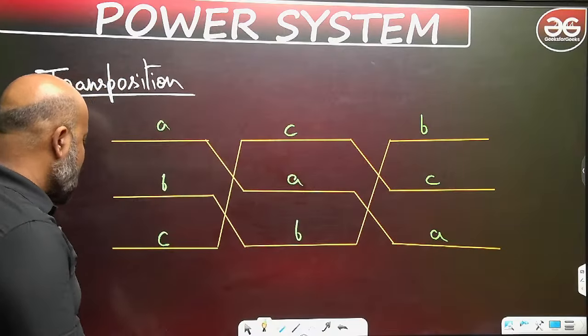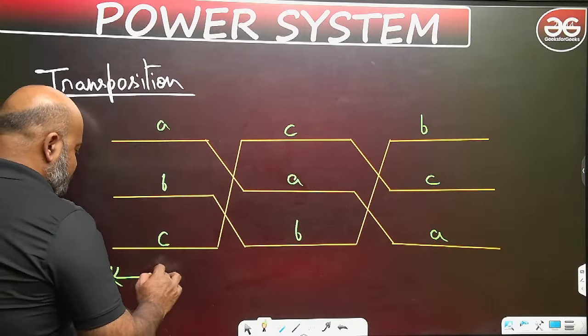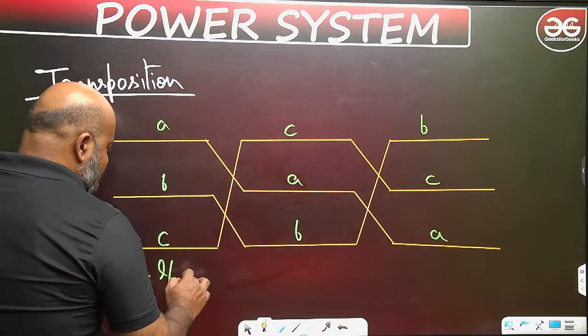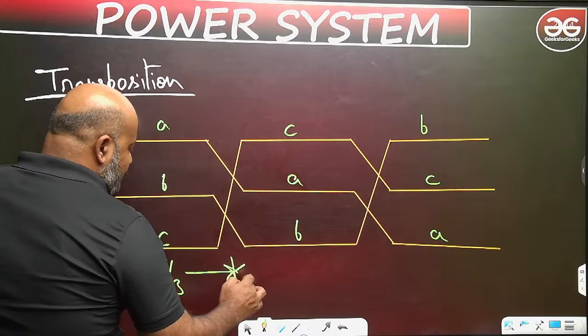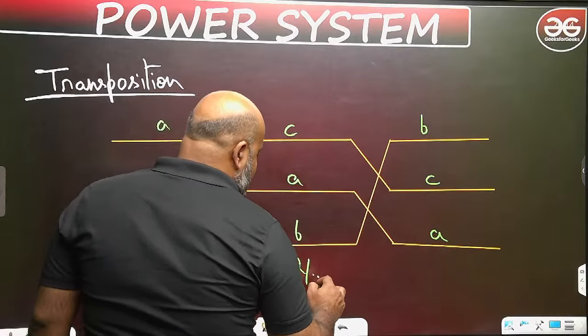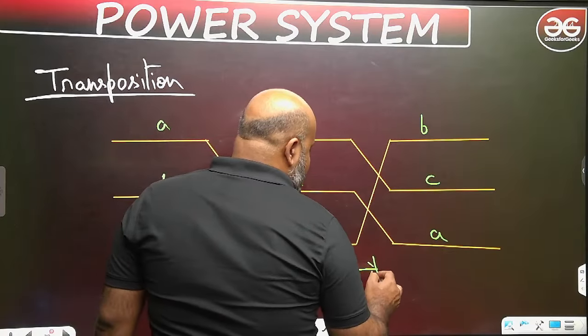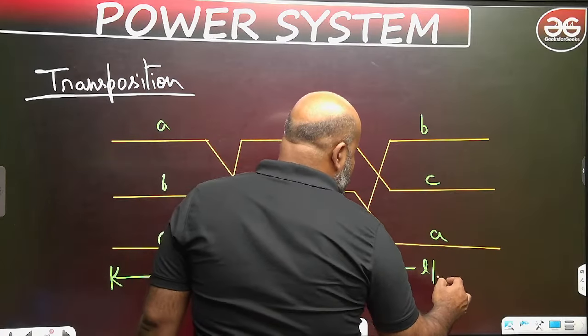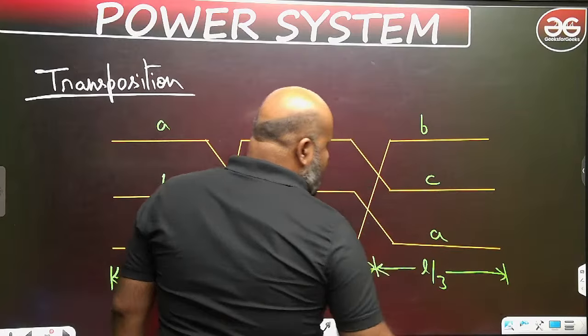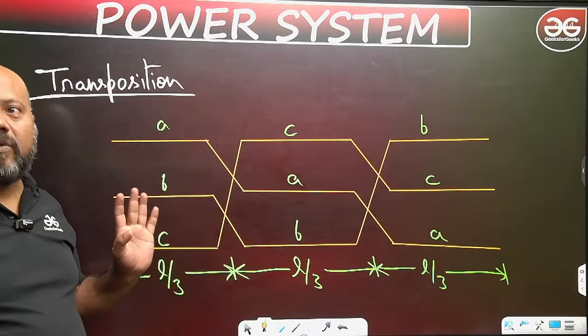So now you can see that for equal distances, each phase conductor is going to have a similar position. So now the magnetic flux linkage problem is gone and the problem of unbalancing is also gone.